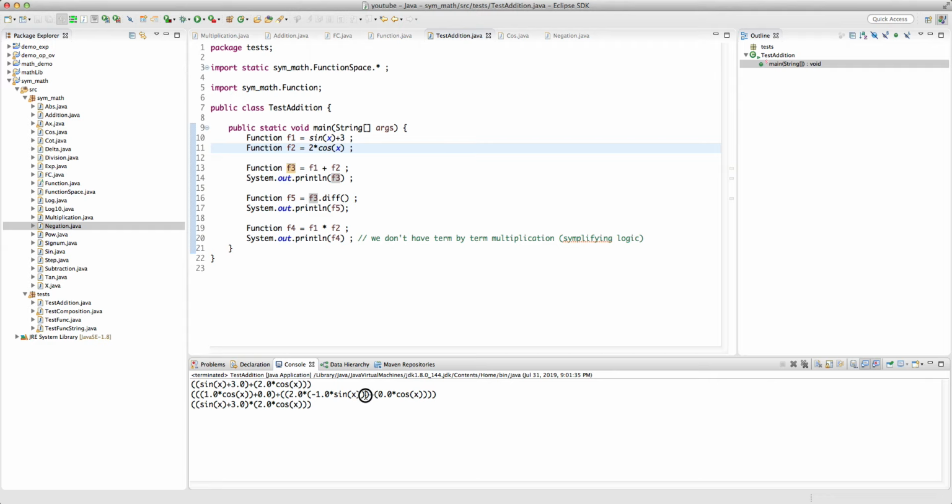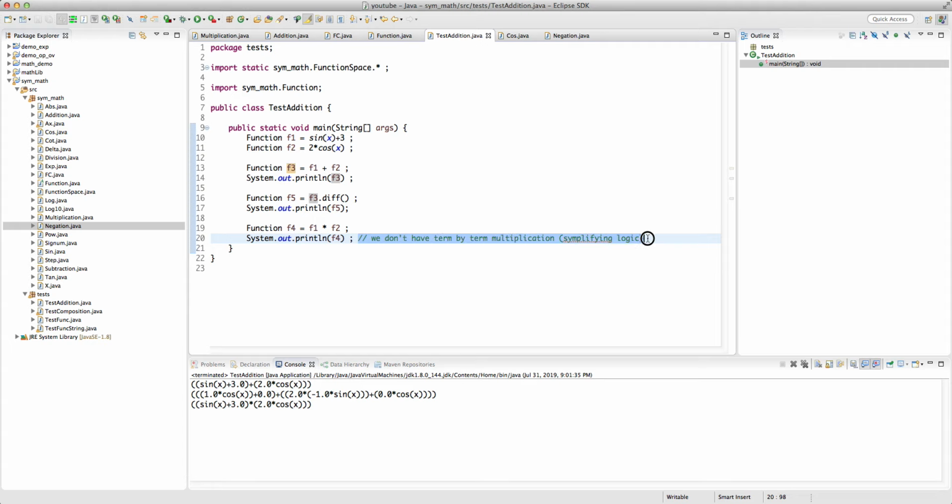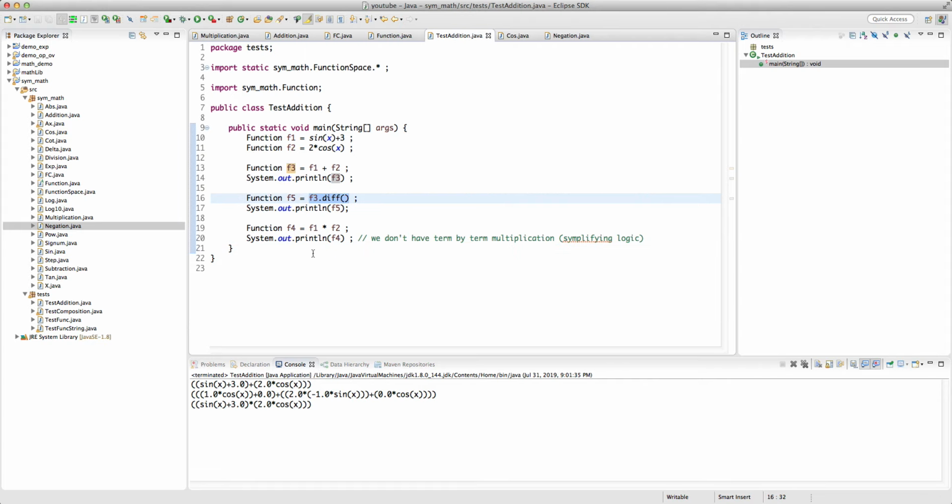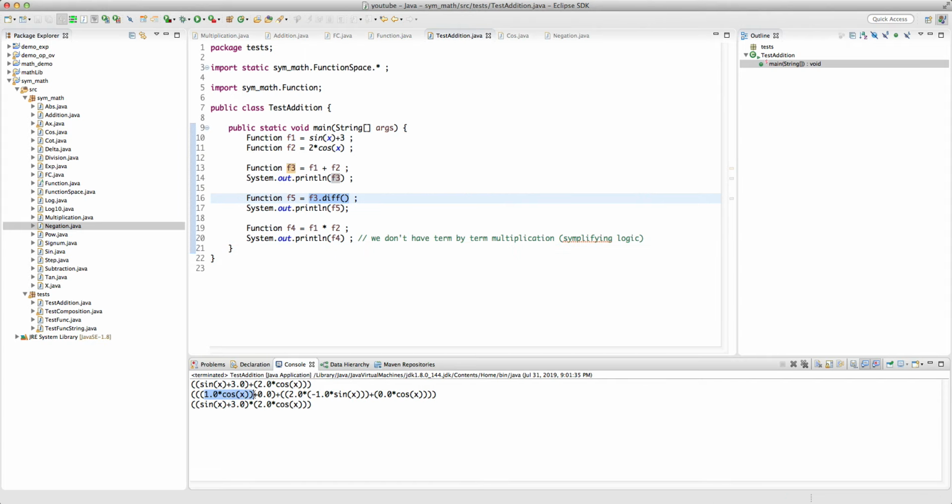a lot of parentheses around, and the reason for that is that we're not simplifying anything, so it's just a lot of parentheses around. So for example, if you want to evaluate basically f3.div, it's cosine plus 0, okay, plus 2 minus sine, and plus 0 cosine.